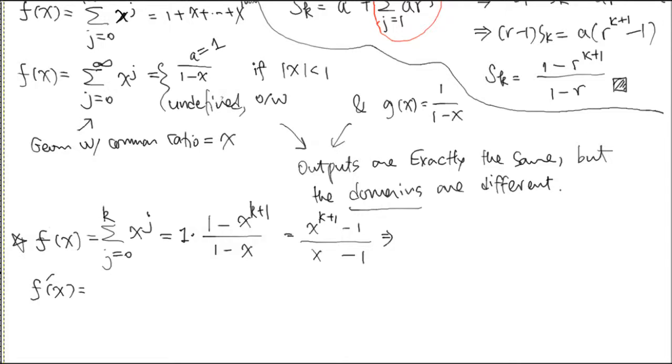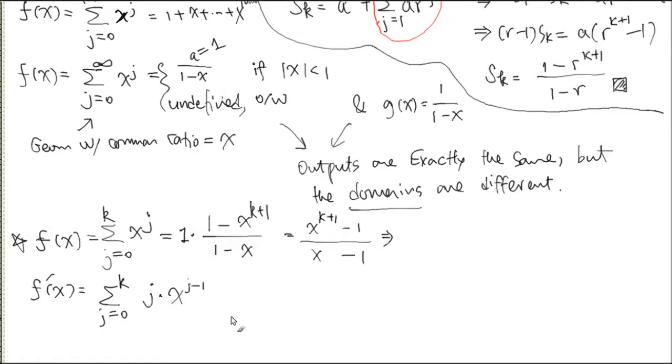It's logically correct. I can't just put an infinity there and differentiate it, because we don't have a differentiation rule that allows you to differentiate infinitely many terms at one time. So I write down the finitely many terms so that I can differentiate it. Each individual term, x to the j, is differentiated: j comes down, and x to the j minus 1.